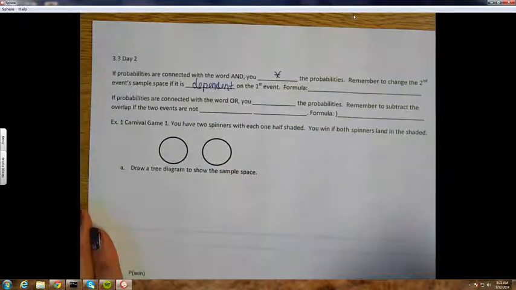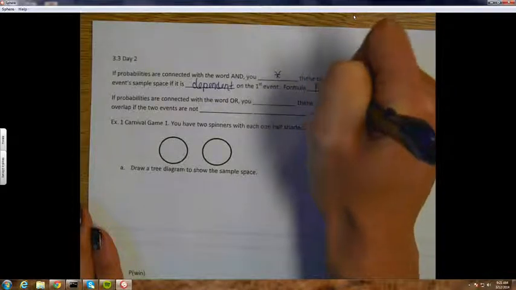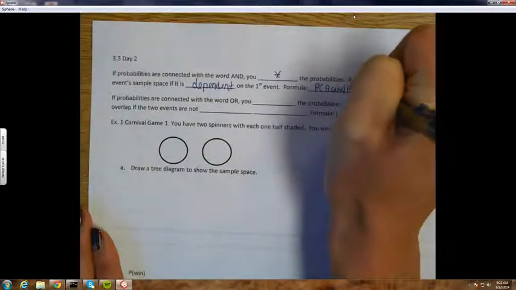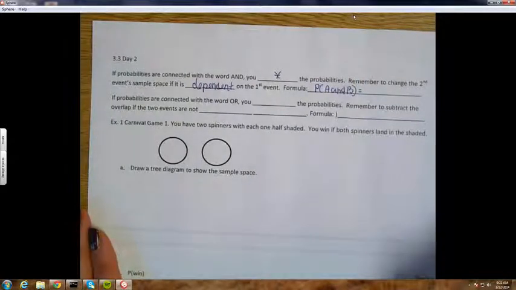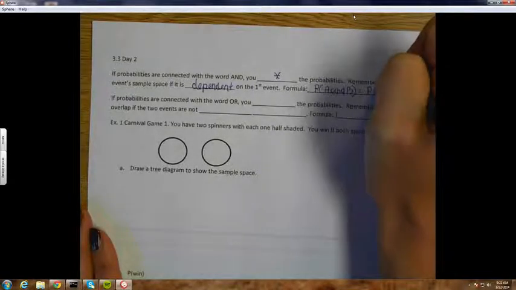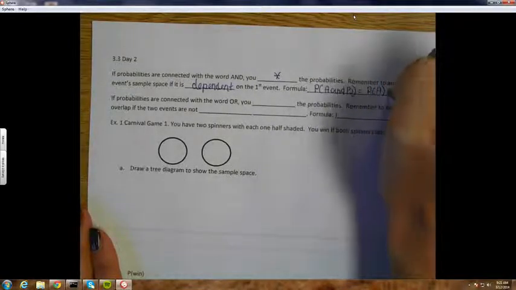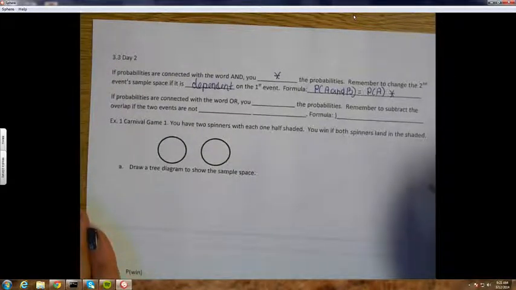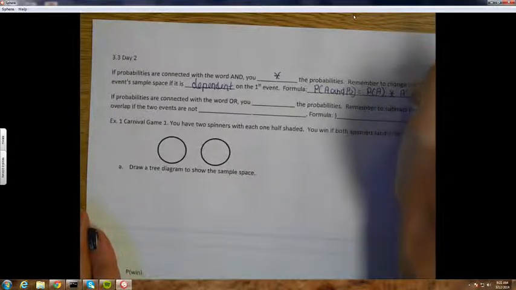So, what's our formula if I've got the probability of A and B happening? How do we write it in symbols? What's the probability of the first one? Multiply, because you've got the word and. Then the probability of B, given that A happened. So we have to check if that second event's sample space changes.